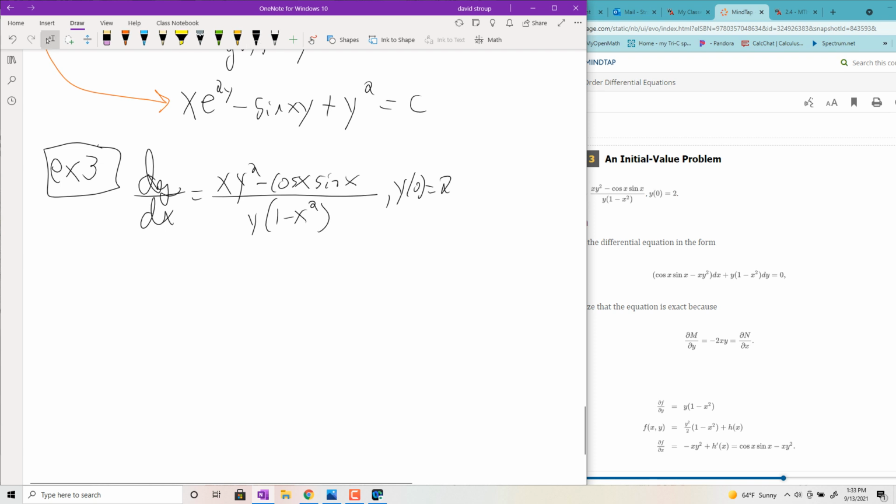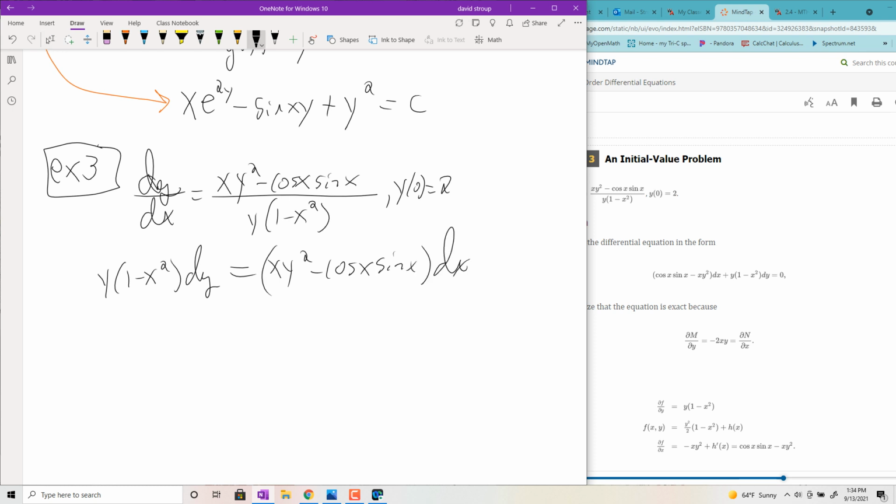Okay, so let's move that over a little bit. All right, so I'm going to cross multiply first off. So I get y times 1 minus x squared dy. On the other side, I get xy squared minus cosine x sine x dx. I'm going to move the right side to the left side, and I get y times 1 minus x squared dy minus xy squared minus cosine x sine x dx, and then it'll equal 0.